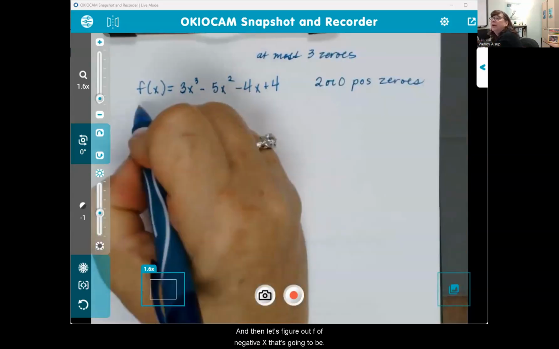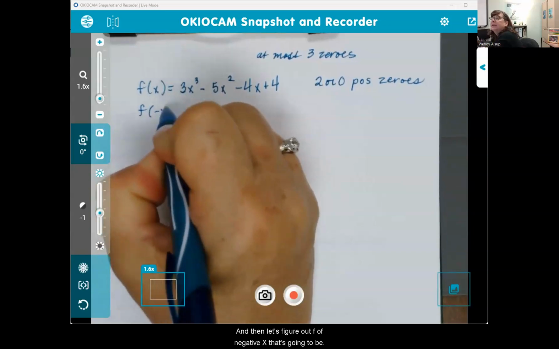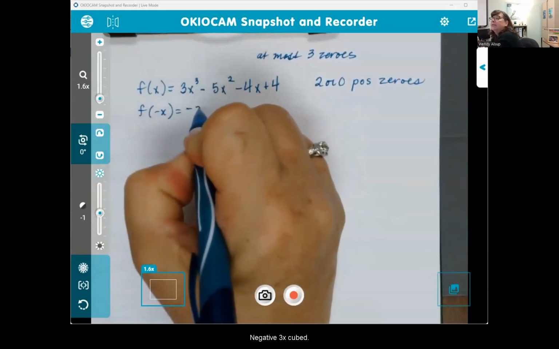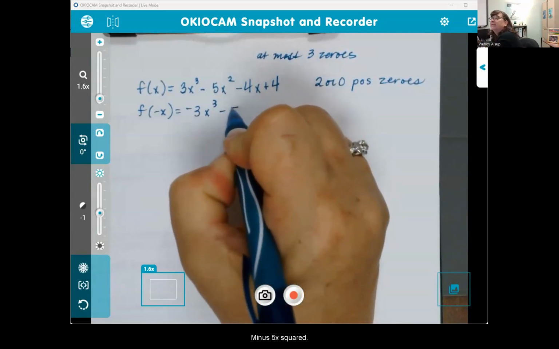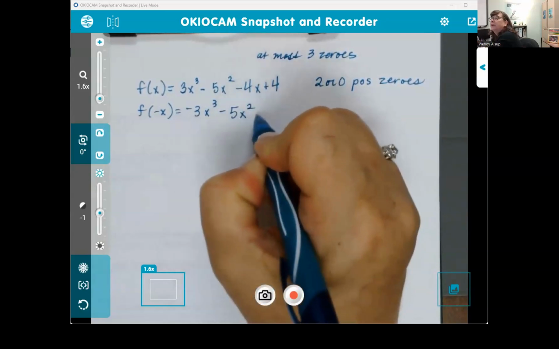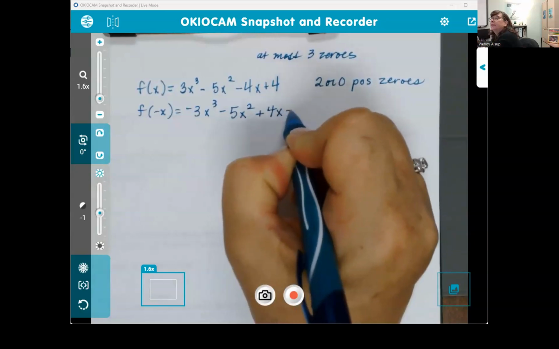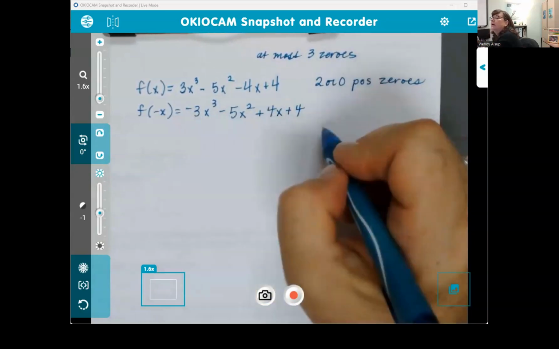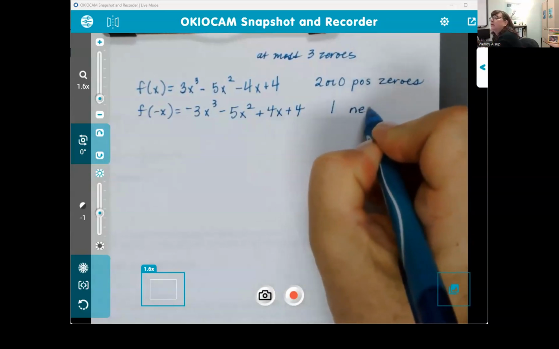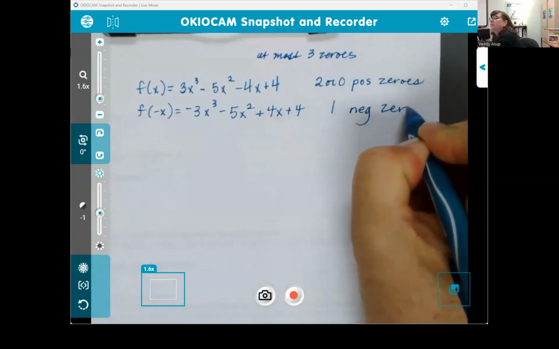Then let's figure out f of negative x. That's going to be negative 3x cubed minus 5x squared plus 4x plus 4. And so only one possible negative zero.